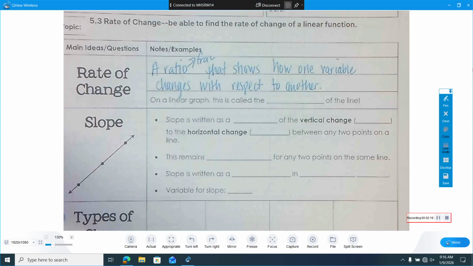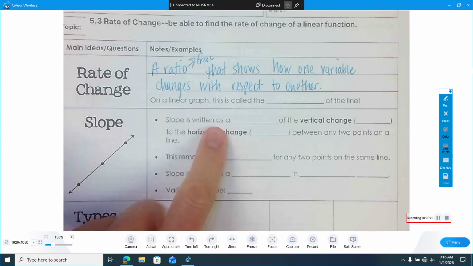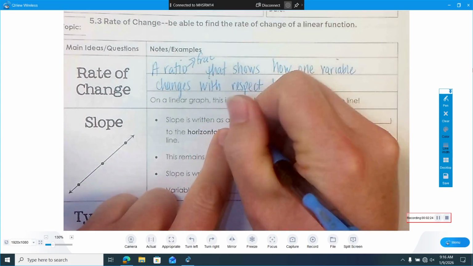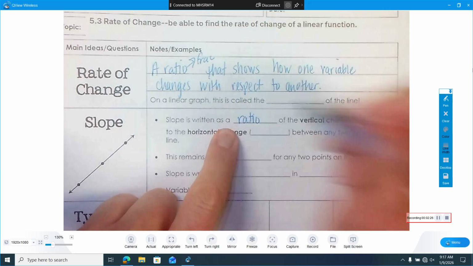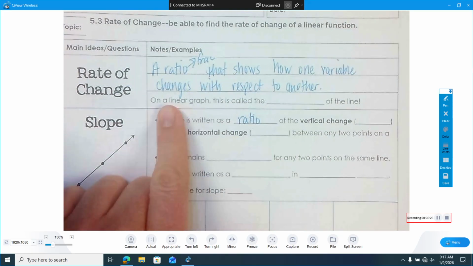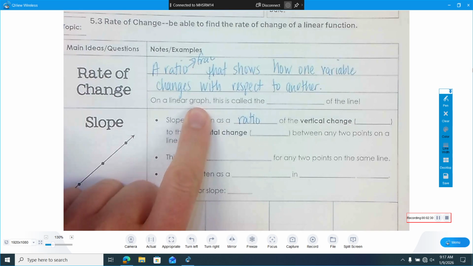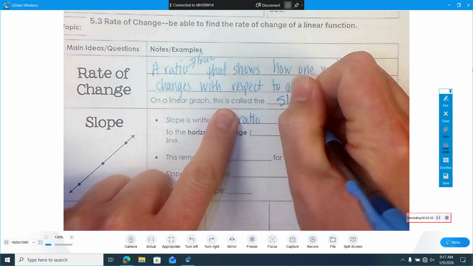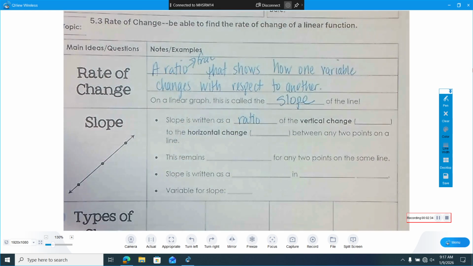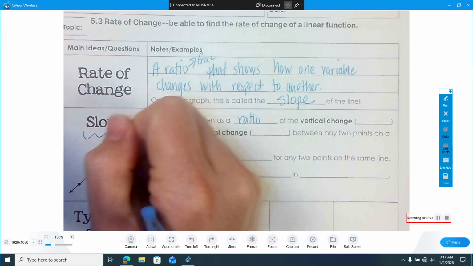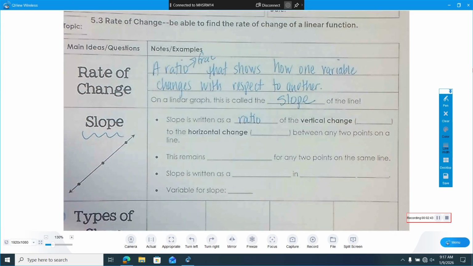That's comparing the x and the y. On a linear graph, this is called the slope of the line. So rate of change is also the same as slope. Two things, different words, same meaning.